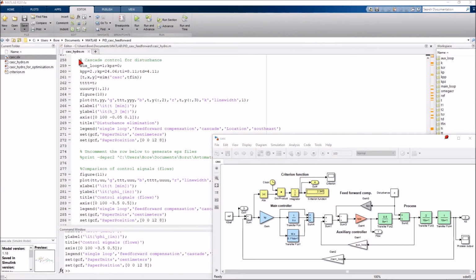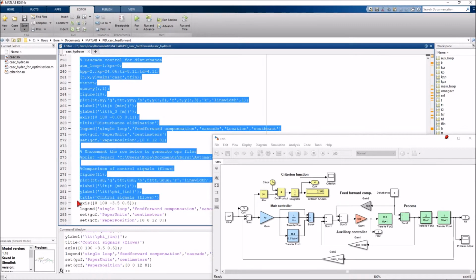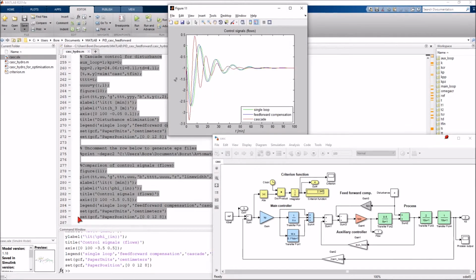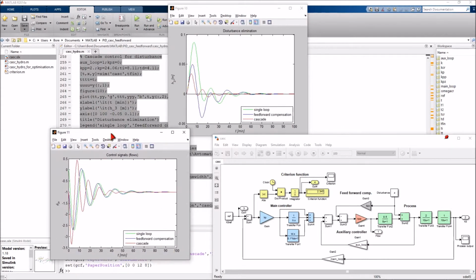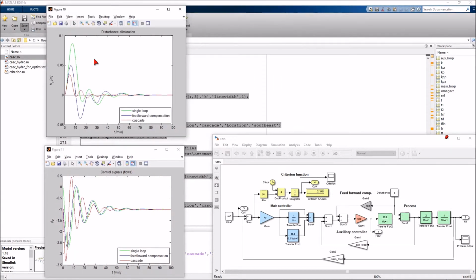Now I will select this part of the program, F9, and I obtain two graphs. The first graph presents the controlled variable, that means the level in the third tank. This is this value. And the second graph presents the control variable. This is this variable, which is the flow in the first tank.